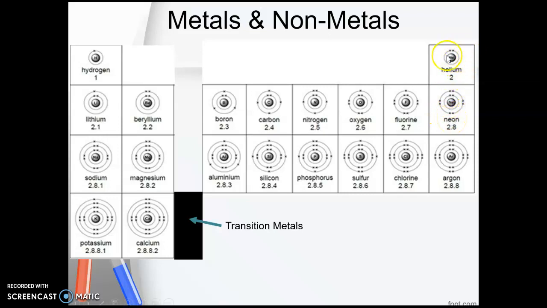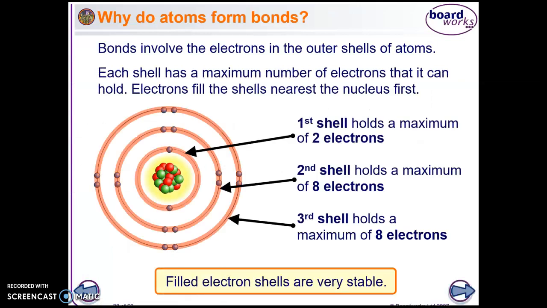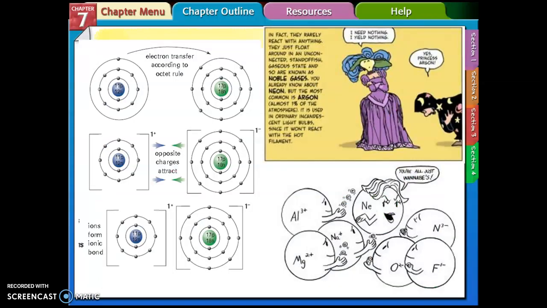For instance, helium has only one shell, and this shell can be filled by 2, and helium already has this shell filled. Neon has 8 electrons in the outermost shell. Argon also has 8 electrons in the outermost shell. So all the shells of the noble gases are actually filled with electrons, and all the elements want to be like noble gases, and this is why you call them noble gases.